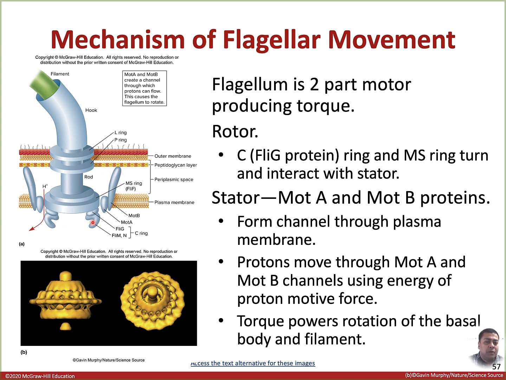And how does this work? The stator is made up of these particular proteins, MotA and MotB. They form a channel through the plasma membrane, and protons move through this MotA and MotB channel using the energy of the proton motive force.